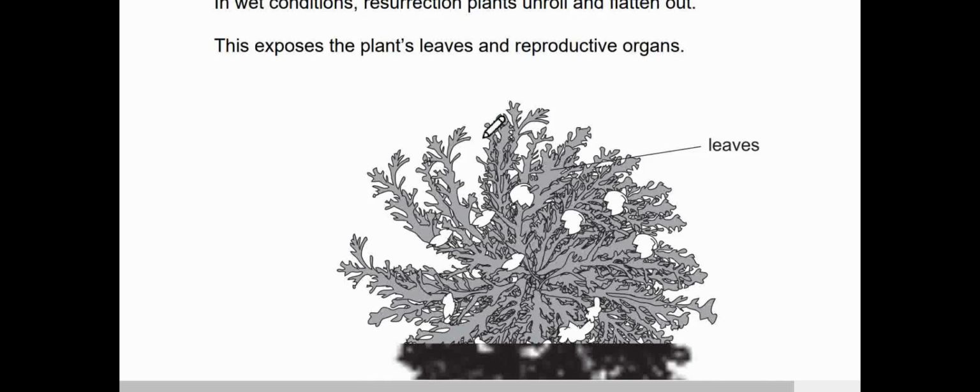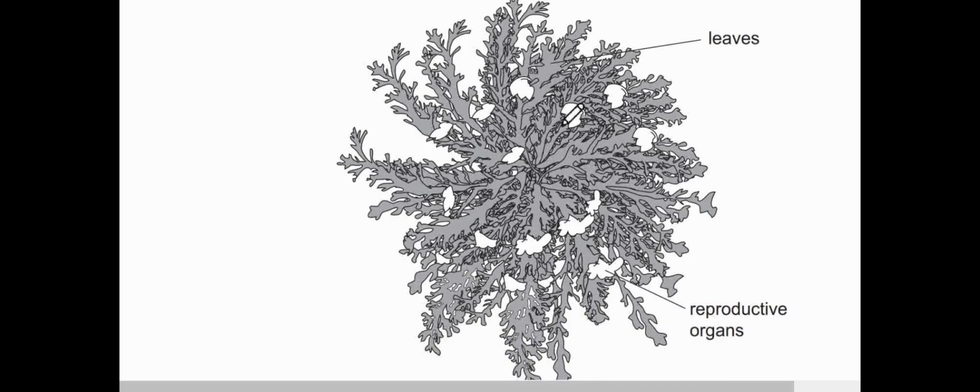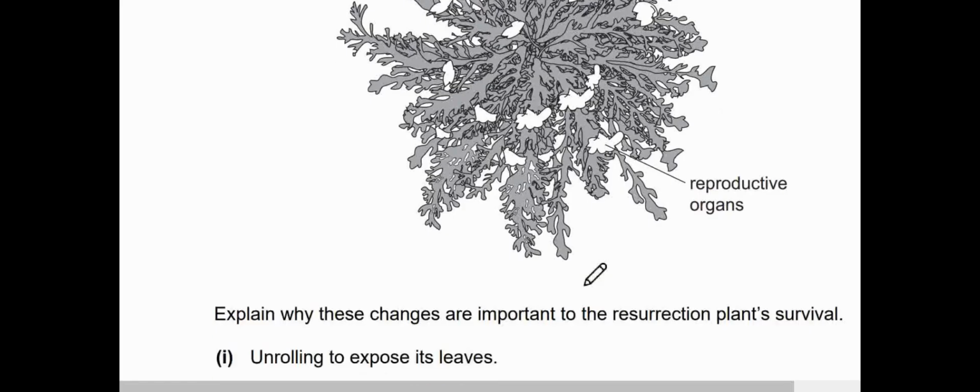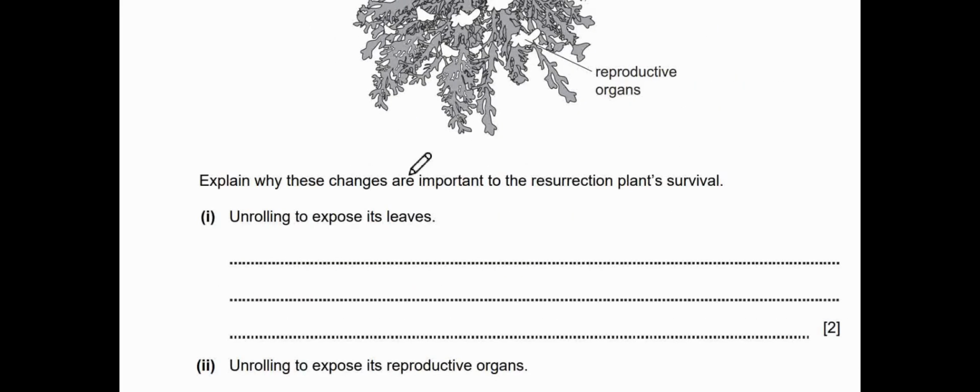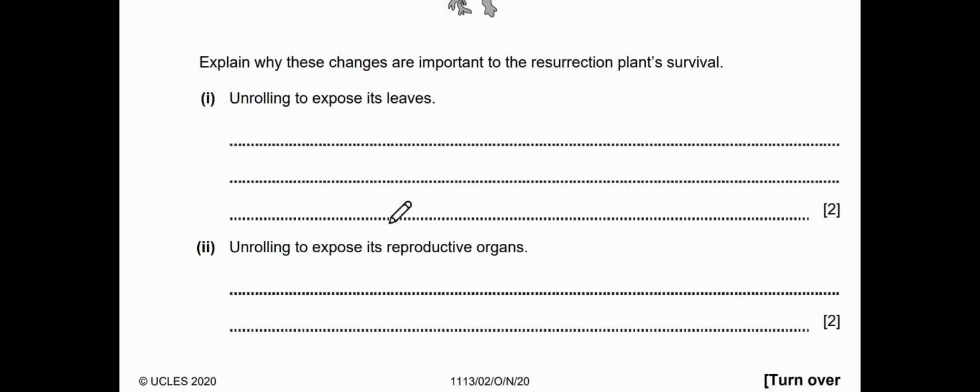When it's unrolled, this is the leaf and this is the reproductive organs. Question. Explain why these changes are important to the resurrection plant's survival. Part 1, unrolling to expose its leaves. Part 2, unrolling to expose its reproductive organs.